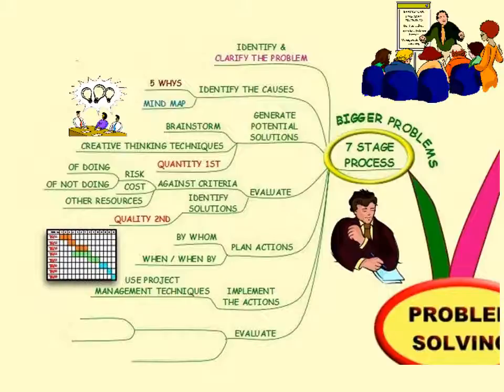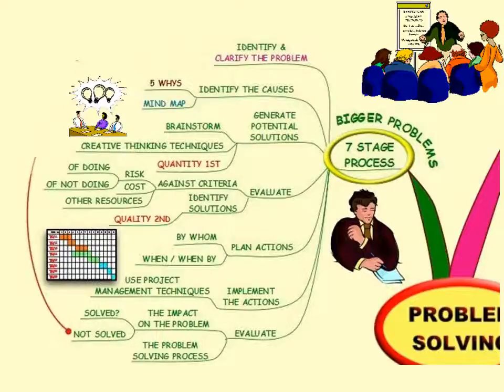Once this is done, we're into evaluating the impact that the actions have had on the problem. Have they solved it or have they not? And also you can evaluate the problem solving process itself. But if the problem itself has not been solved, then you're back to square one and you need to identify, clarify the problem again and then work through the process.